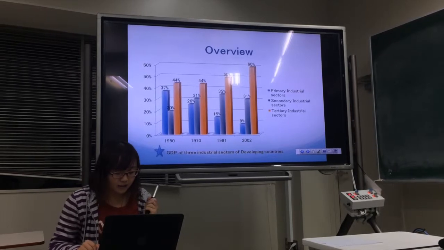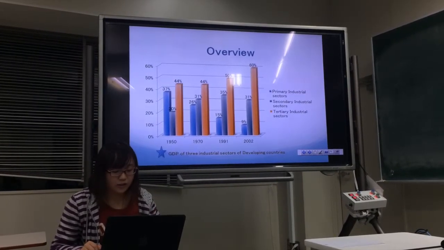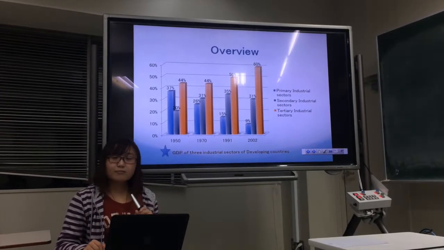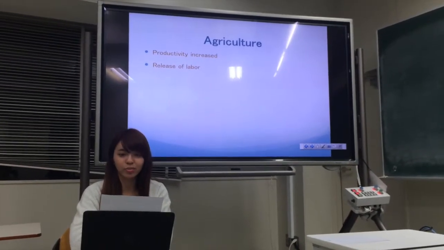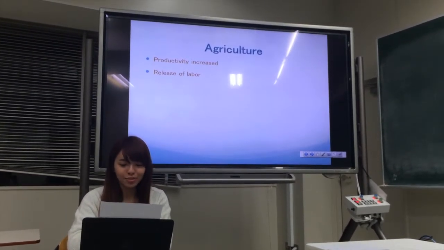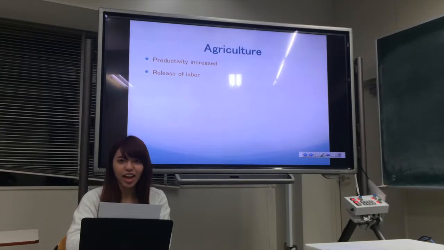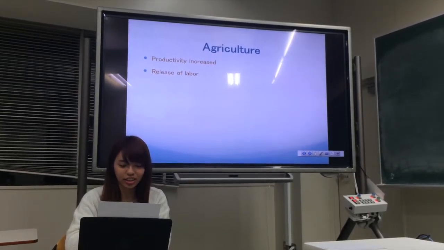Then we will have some examples of the contribution of technology in each industry. About the contribution of technology to economic growth in Asia, of course, we begin from the primary industrial sector. Asian countries were mainly founded on agriculture initially.